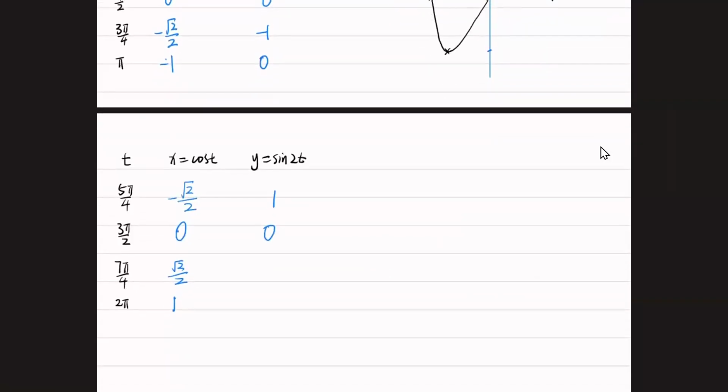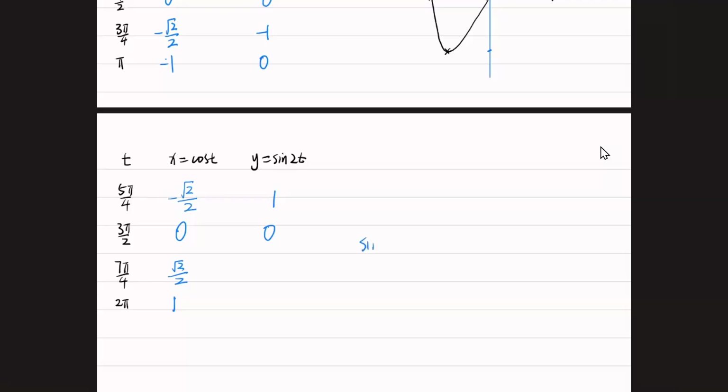Okay, again multiply by 2, 7 pi over 2. Sine 7 pi over 2. 0. Wait, no. So sine 7 pi over 2 is -1. Okay, so maybe some calculation.